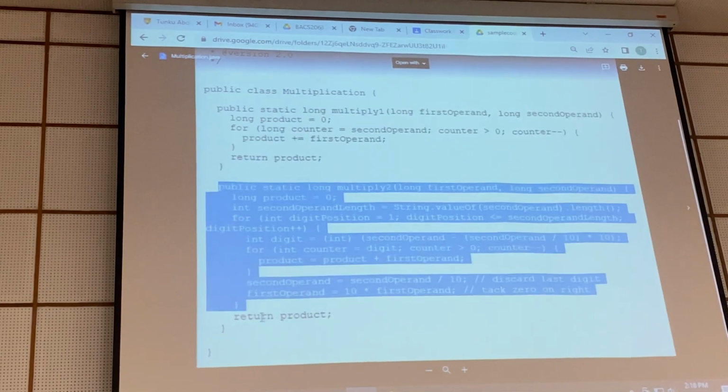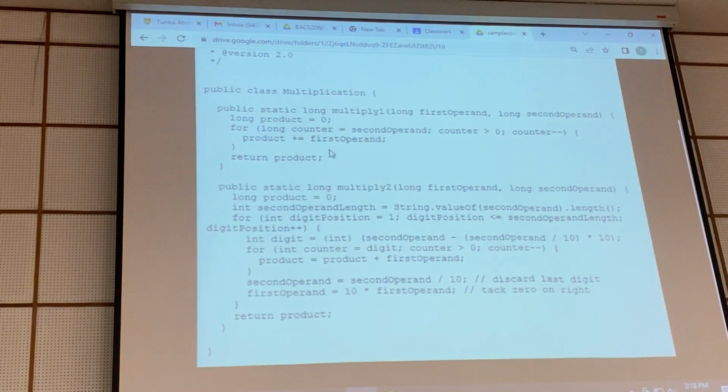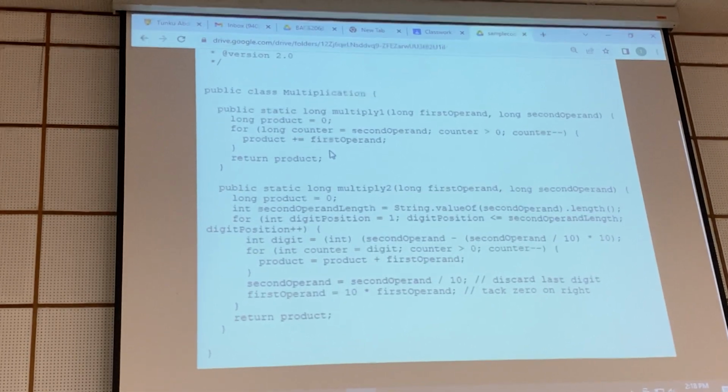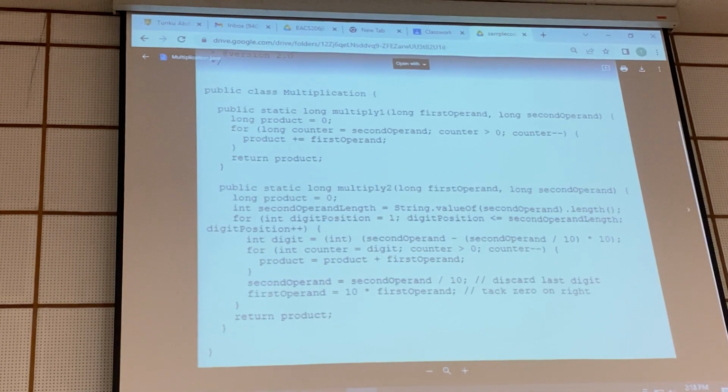Actually, the second algorithm is very complex, so maybe it's not that efficient, or maybe it is. So how are we going to find out the efficiency? That's what we're going to go through today.